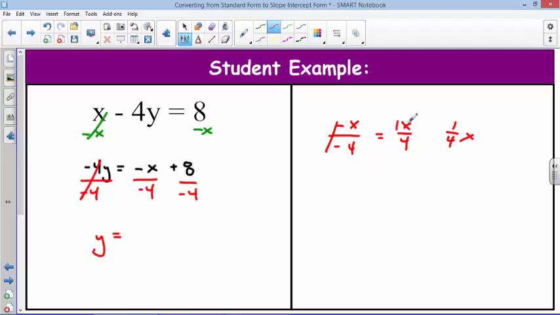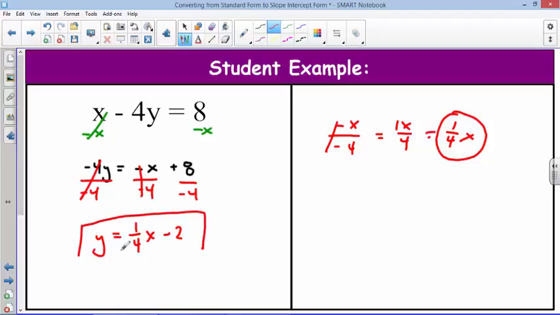So if this is the same as 1x over 4, we can write that as 1/4 times x, which is what I'll do here. So these cancel out. I have my 1/4 x, and then I have positive 8 divided by negative 4, which will give me a negative 2. And we're finished. Y equals 1/4 x minus 2.